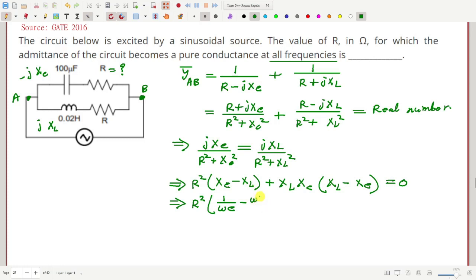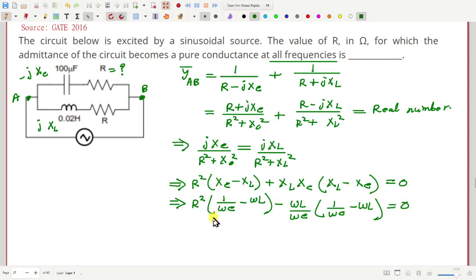Yes, I will do that, but before that let me just expand it: this is omega L by omega C, and this, let me make it minus, 1 by omega C minus omega L.